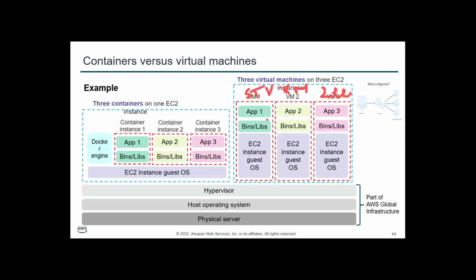Okay. Now you are able to see all these: Sun TV, Star Movies, and ZTV. All these are different channels. Definitely, they need a separate system and OS. Yes, separate system and OS.